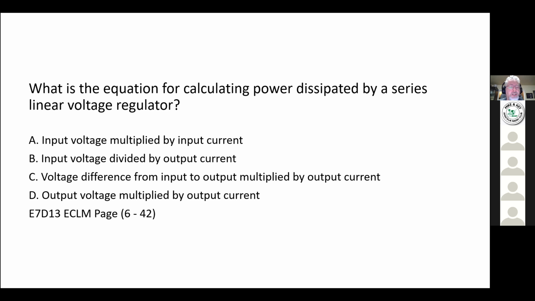C, voltage difference from input to output multiplied by output current. Or D, output voltage multiplied by output current. Charlie is correct. The voltage difference from the input to output multiplied by the output current.